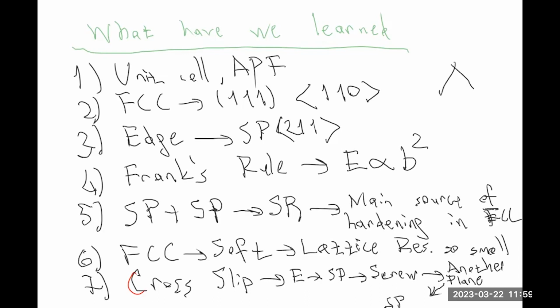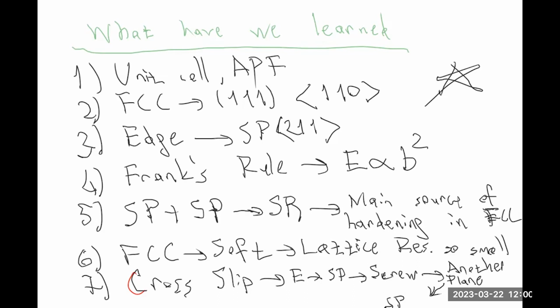Perfect, guys. I think you did very, very good. Is there anything you want to add? Hocam, can we say that if we have more pinning, that means we have more hardening?